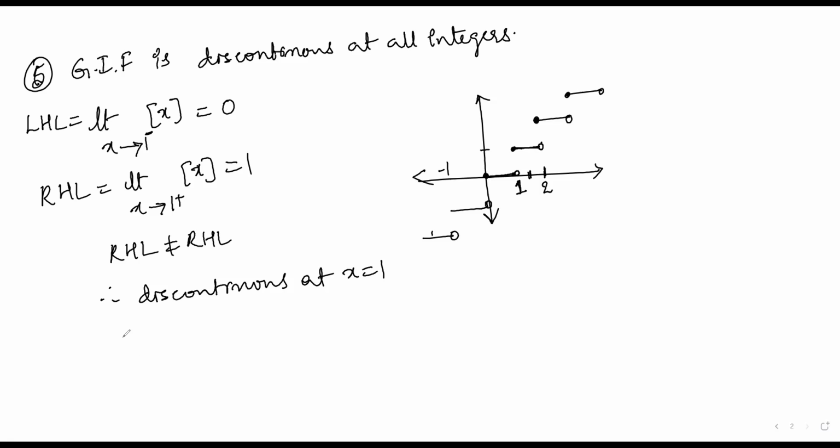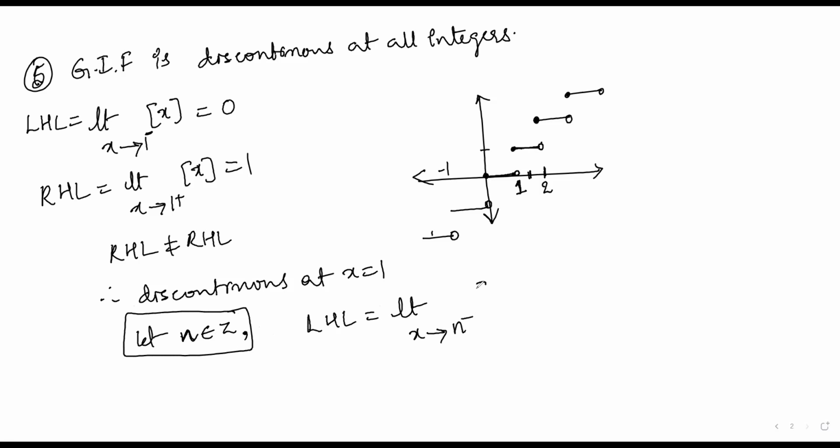Generally, let n belong to Z, an integer. The left hand limit at integer n, limit x tends to n minus of the integral part of x, is how much?